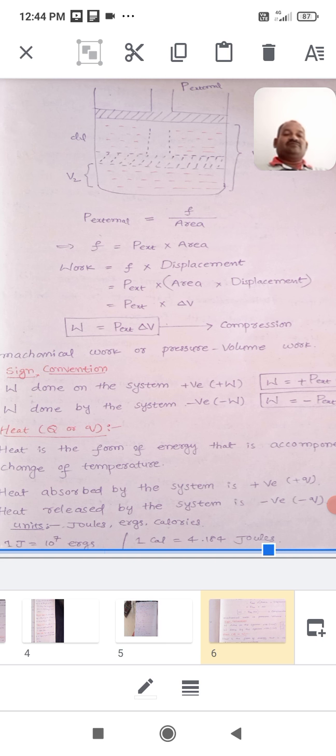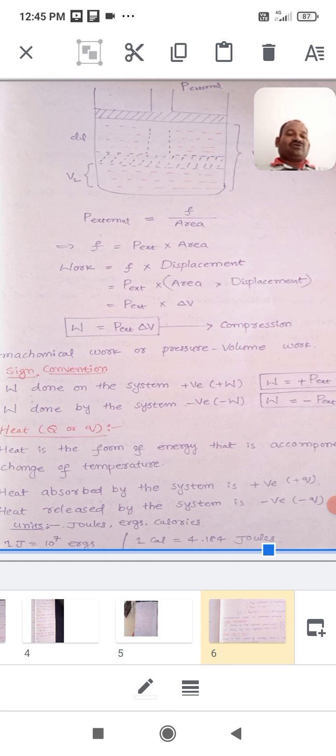Again, I repeat. Here, you observe in the figure clearly. P external is at the top of the picture, and the dotted lines total is V1. In these dotted lines, two layers are there. The lower layer is V2, the upper layer is dl. What is the mathematical equation?